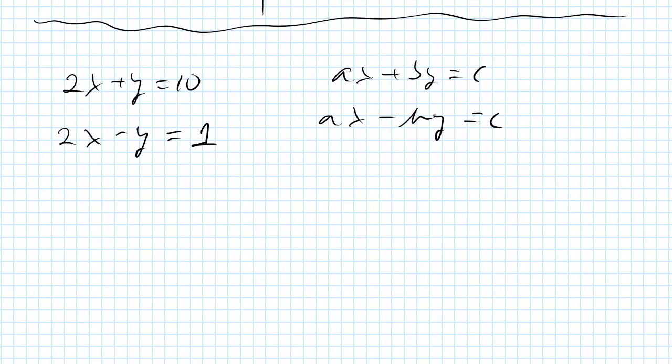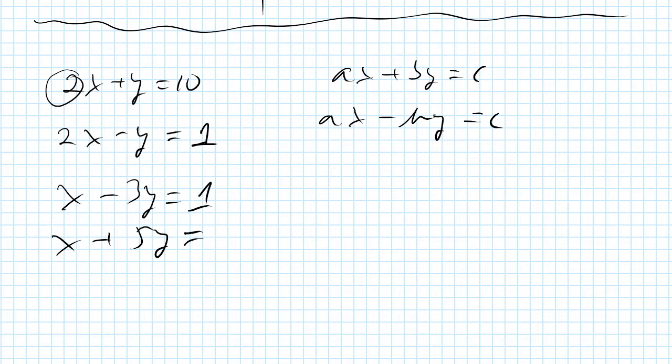Certainly if there's a coefficient in front of both the x and the y, that makes it a lot harder to just make up a bunch of pairs. So I might do a bunch where only one of them has a coefficient. So I might do x minus 3y equals 1, or x plus 5y equals 10, things like that.